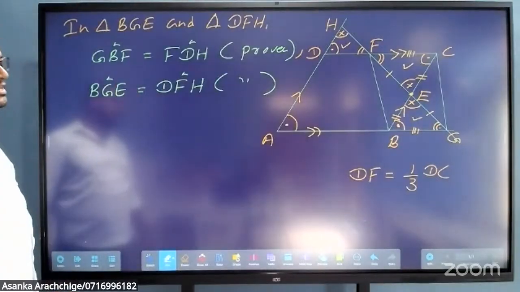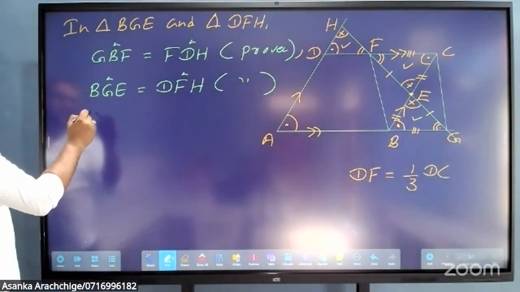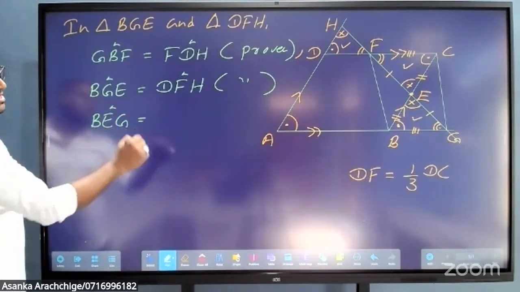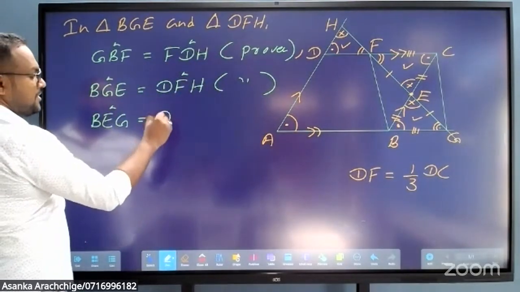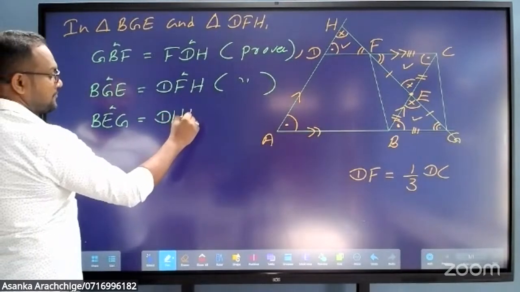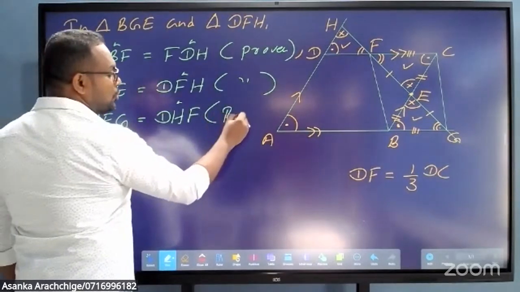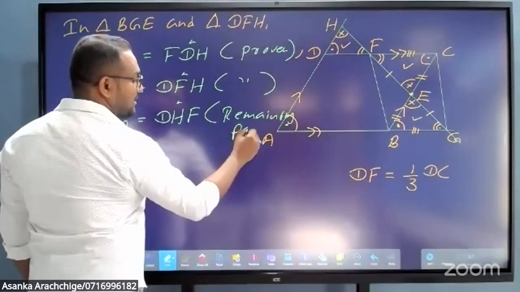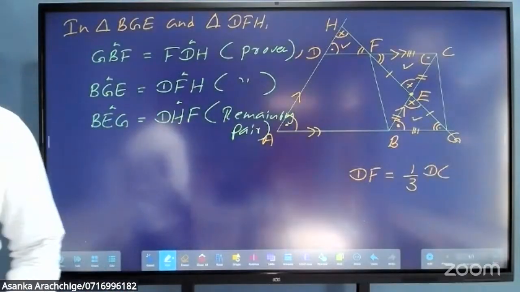The remaining pair must certainly be equal. Angle BEG must be equal to DHF. Reason: the remaining pair. If two pairs are equal, the remaining pair is automatically equal. Right?